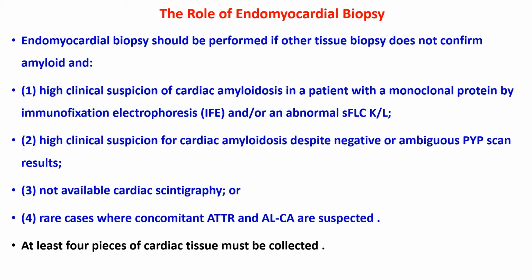So, regarding the role of endomyocardial biopsy, it should be performed if other tissue biopsy doesn't confirm the amyloid, and there is high clinical suspicion of cardiac amyloidosis in a patient with monoclonal protein, immunofixation, and abnormal serum free light chain kappa/lambda ratio.